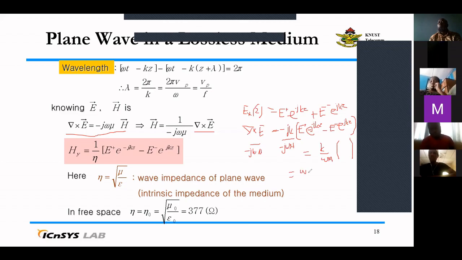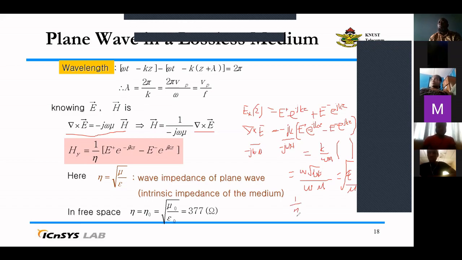But we have an expression for K, don't we? K is omega times square root of mu epsilon, divided by omega mu. So omega cancels out, and then this will simply be equal to what? Square root of epsilon divided by what? Mu.